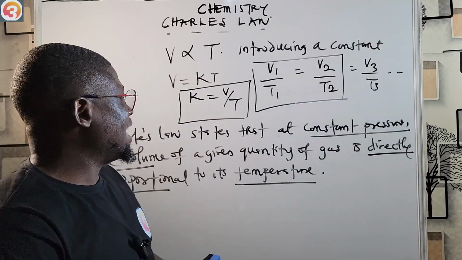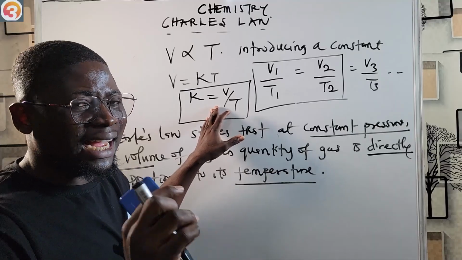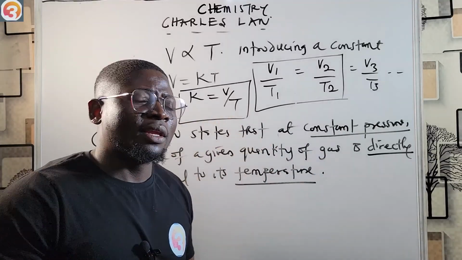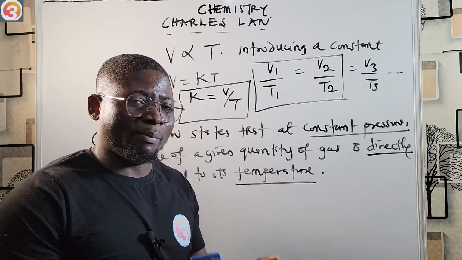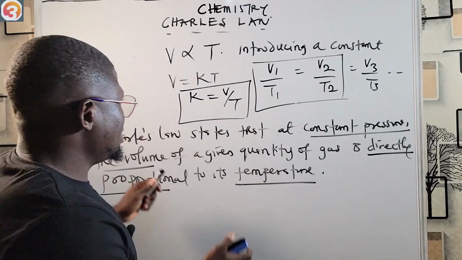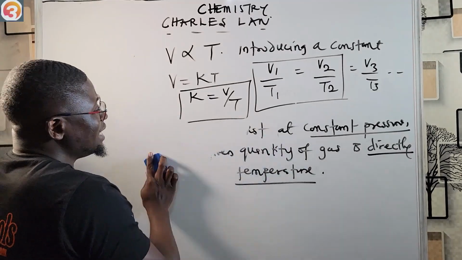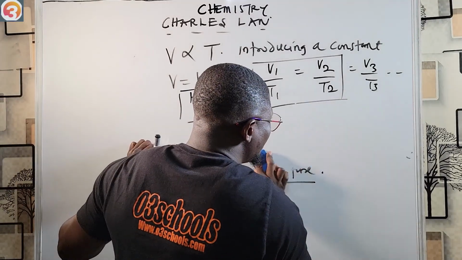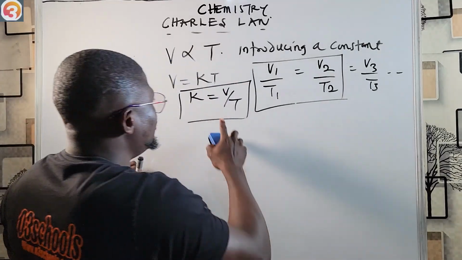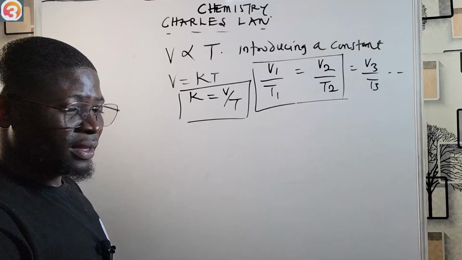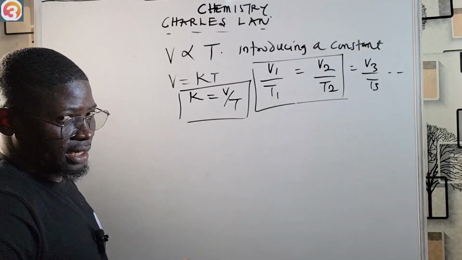This means that V over T is constant for an ideal gas. Just like Boyle's law, Charles' law also only works for ideal or imaginary gases. This means that at constant pressure, V over T is constant for an ideal or imaginary gas.